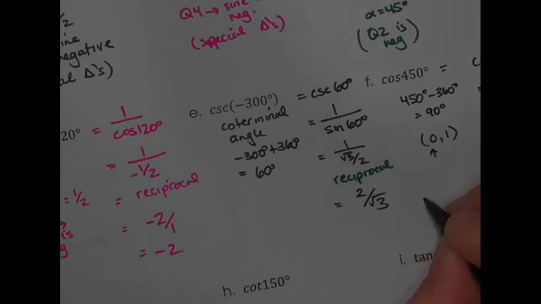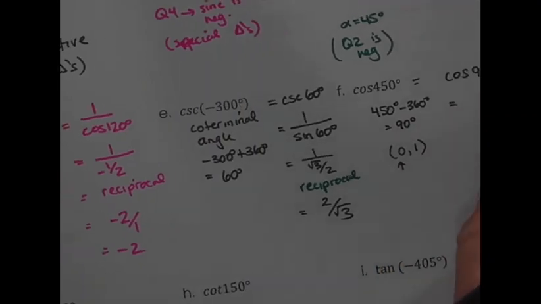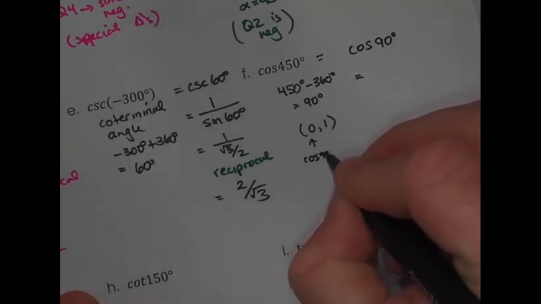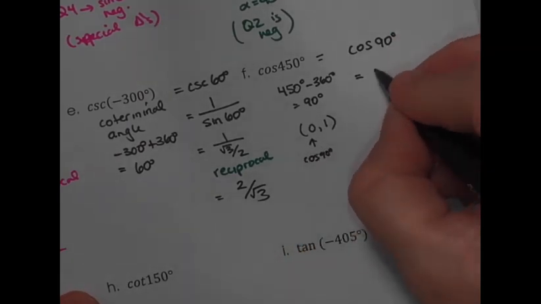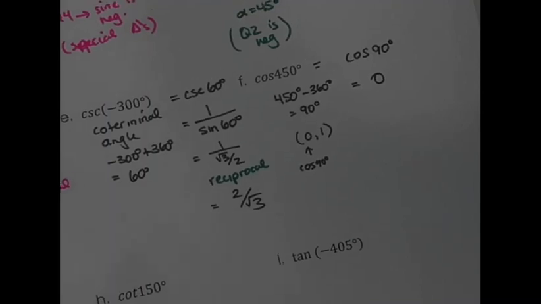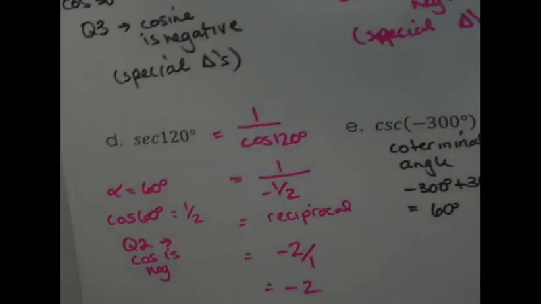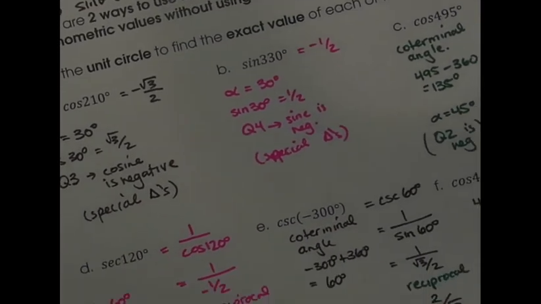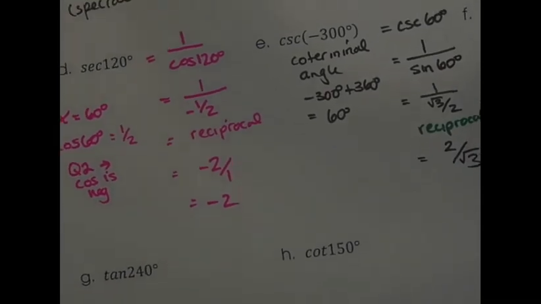So cosine of 90 degrees is 0. Done. So hopefully you got the idea of that. There's lots of examples there.